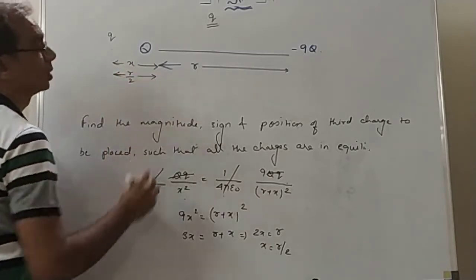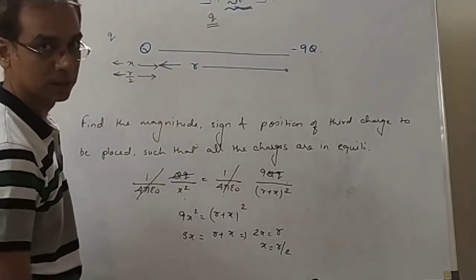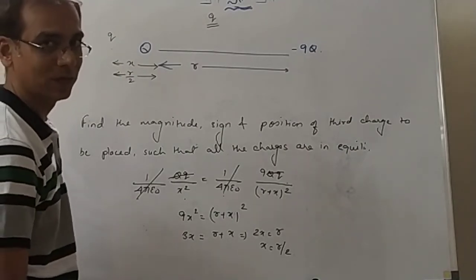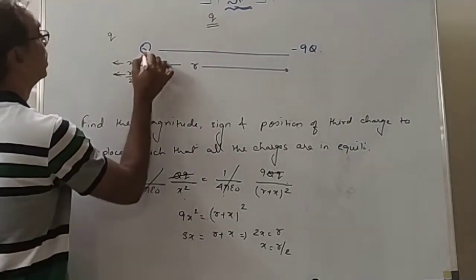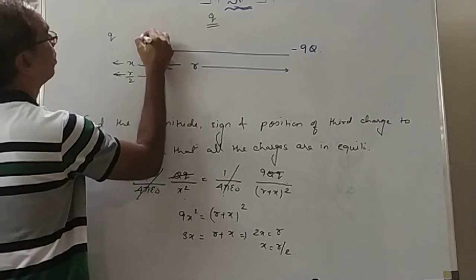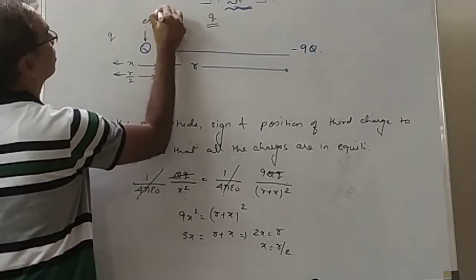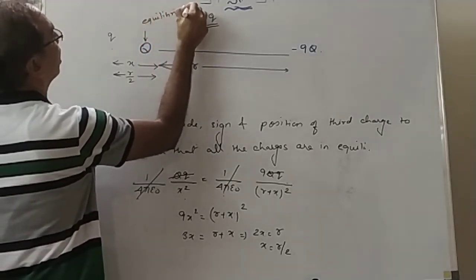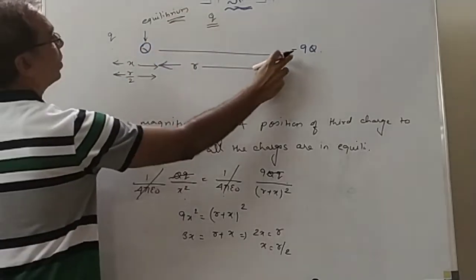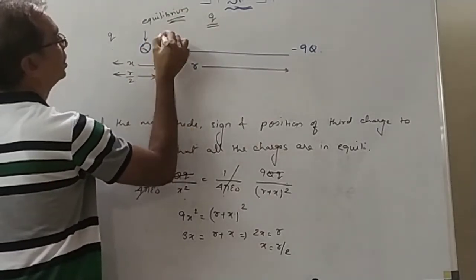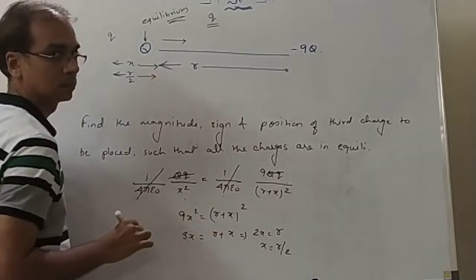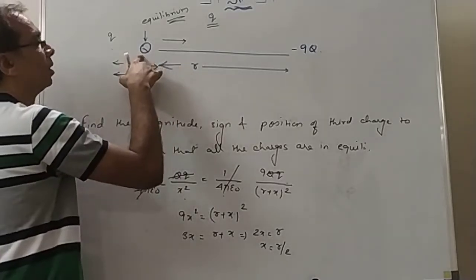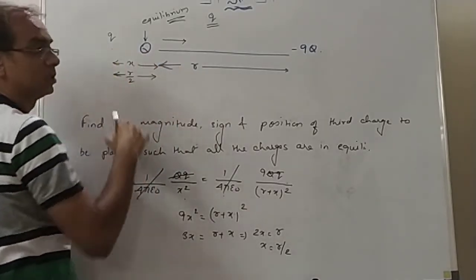Now let's think about what kind of charge this possesses. Is it positive or negative? So see, this is a positive charge. Let's talk about its equilibrium now. Now this minus 9q is attracting this q in this direction. So if this has to be in equilibrium, this q also needs to attract it.